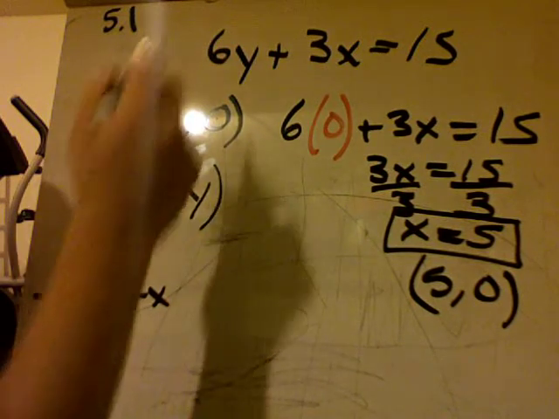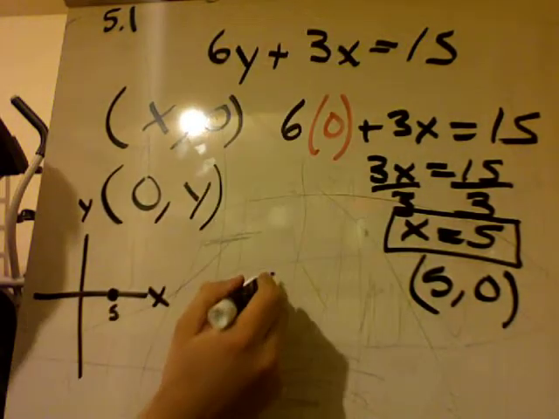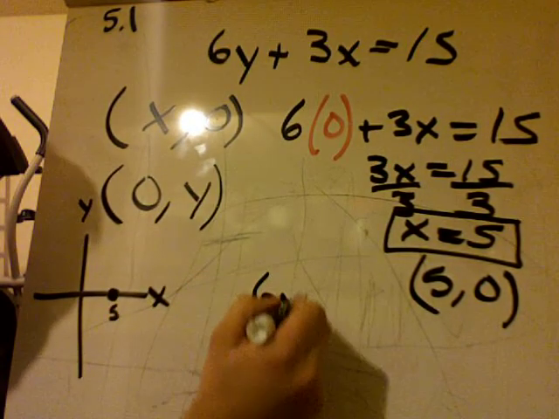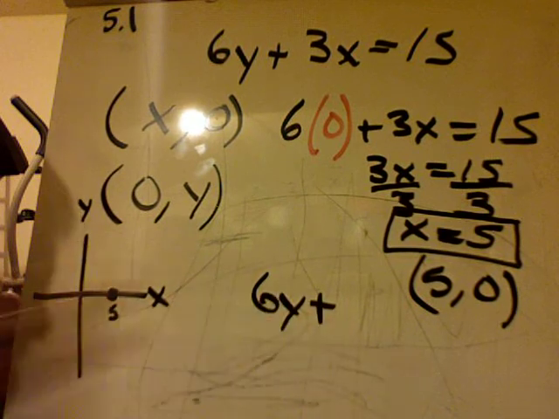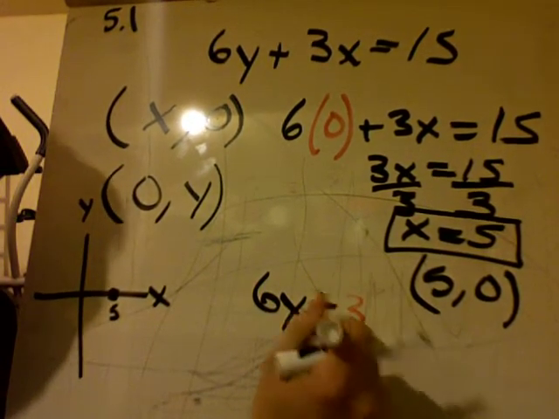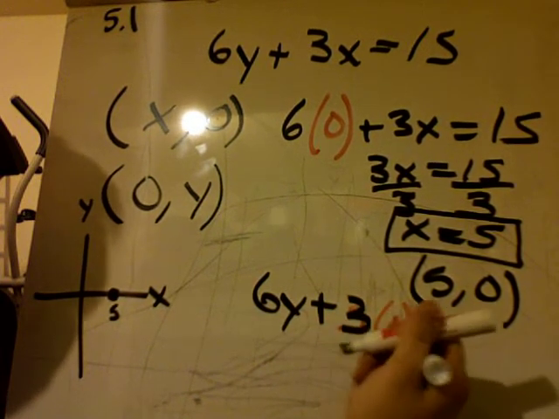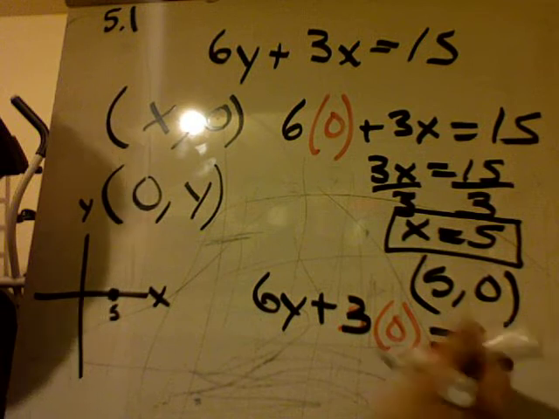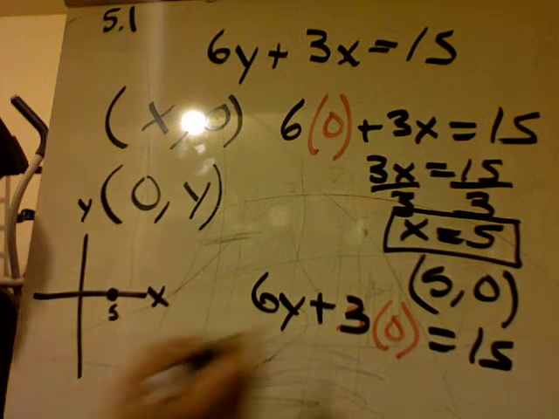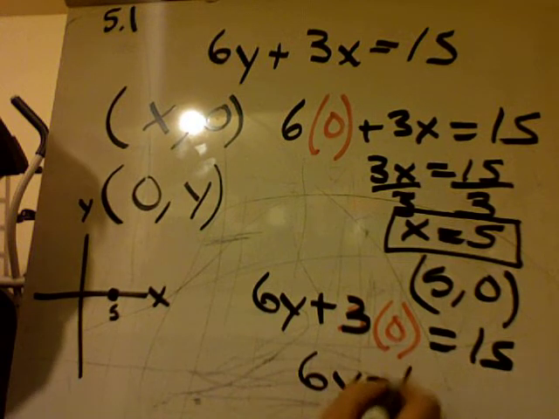So I'm going to find the other point by doing the same thing, except this time I'm going to say x is 0. So this leaves me with 6y plus 3 times 0 equals 15. 3 times 0 is 0, so this is 6y equals 15.